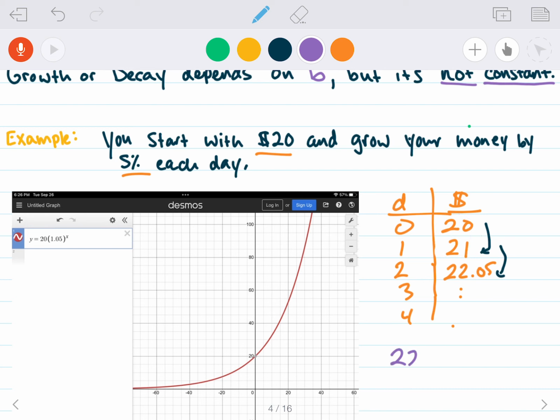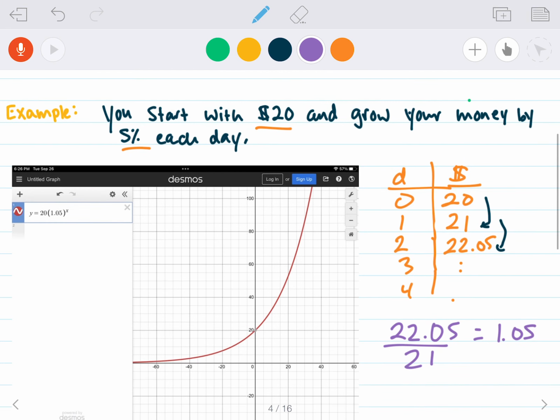So if we look at the ratio of 22.05 to 21, that's going to give us 1.05, right? In a similar way, if we look at the ratio from 21 to 20, that's also going to give us 1.05. So the multiplier is the same. It's 1.05, and it's going to stay the same throughout here.